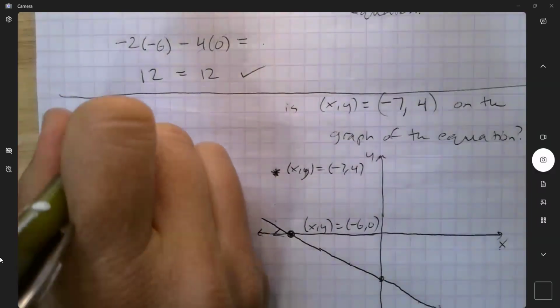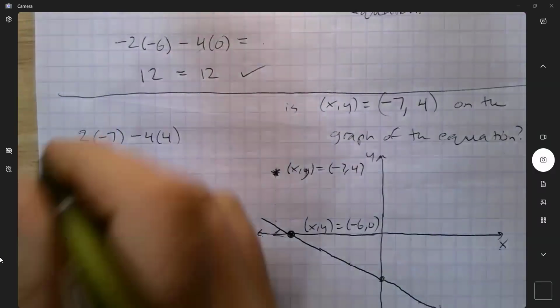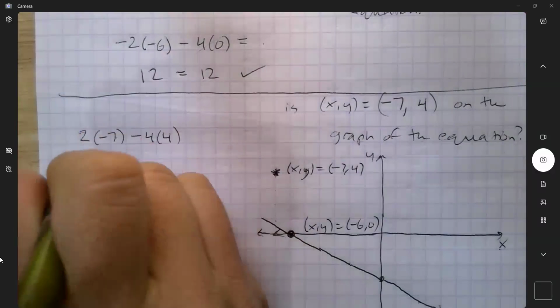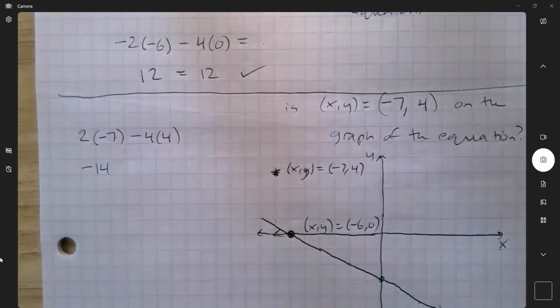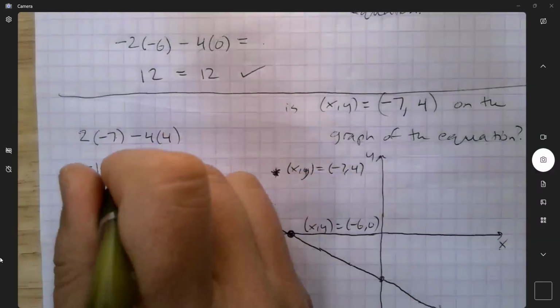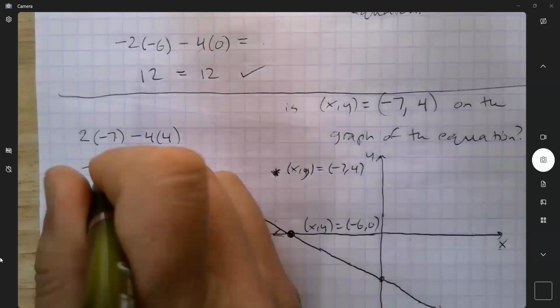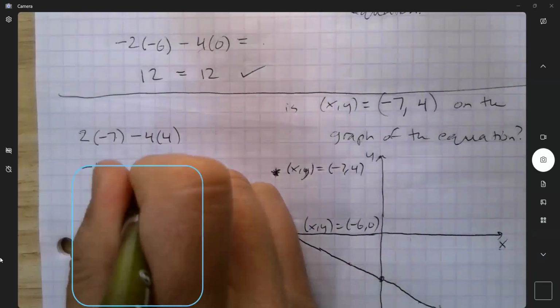You just plug your numbers in and you do the arithmetic. 2 times -7 is -14. -4 times 4 is -16.